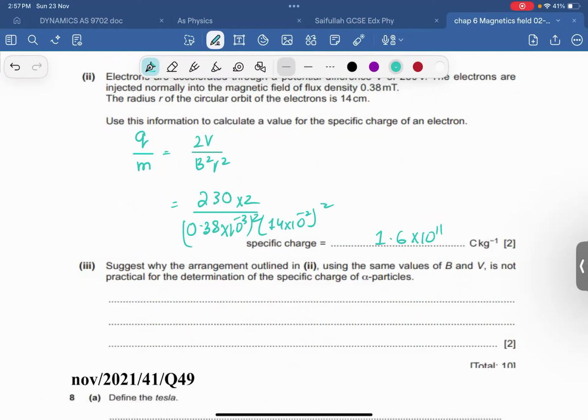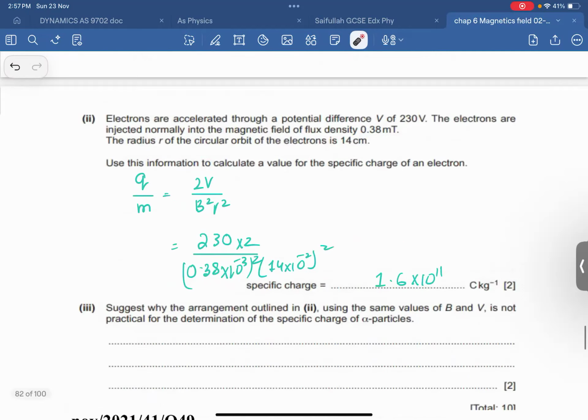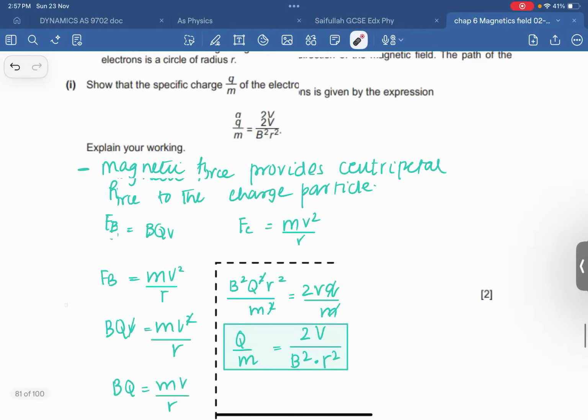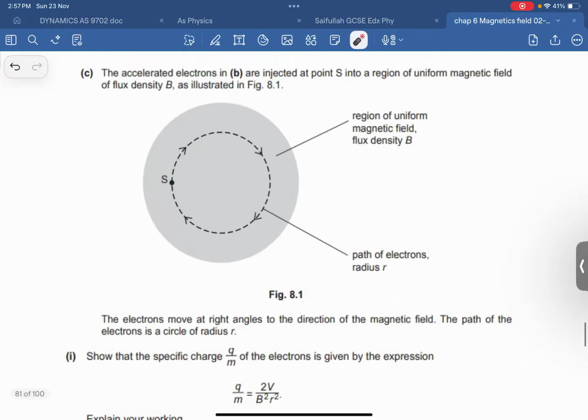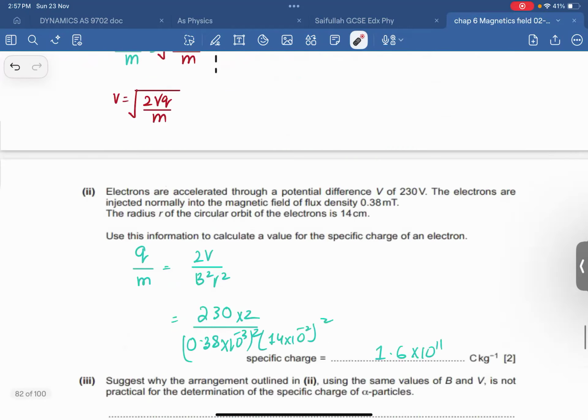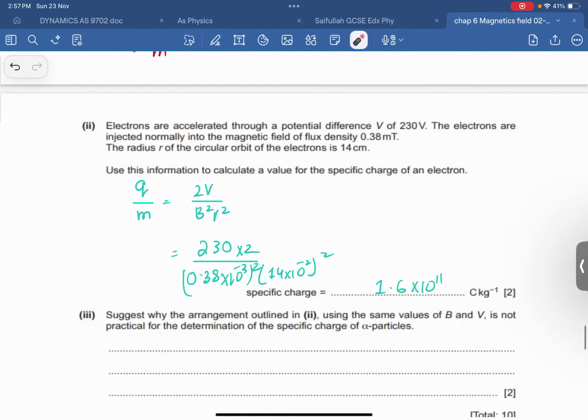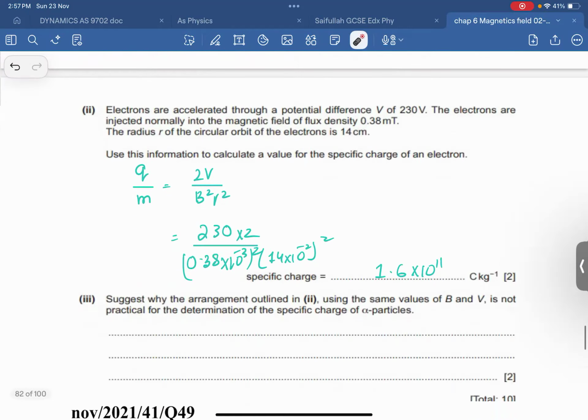If this is the 14 centimeter radius, and for that we're using 0.38 millitesla as the magnetic field, and this value goes larger, which I'm getting as 4.8 exponent 6, then the radius would be very small to measure, right?